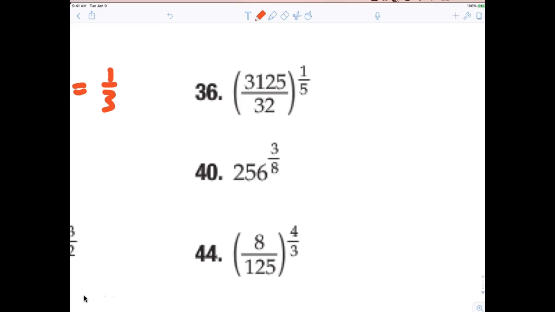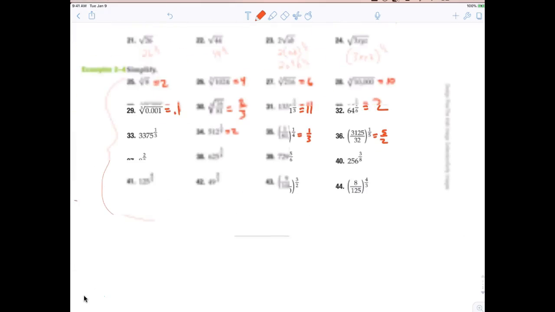Close parentheses. Carrots. 1 divided by 5. Math, enter. 5. Yep, 5/2. All right, 37, Jake.